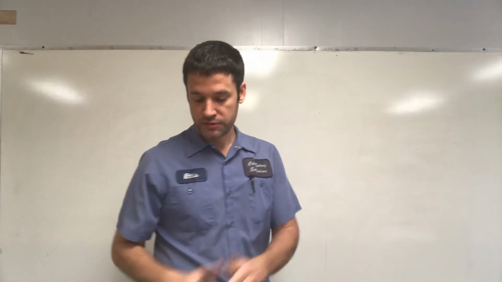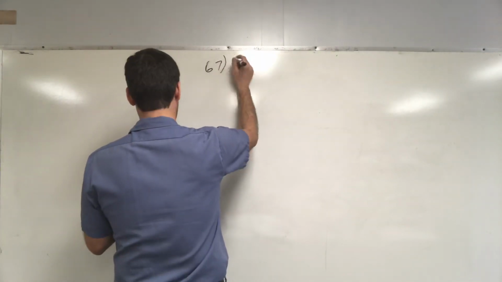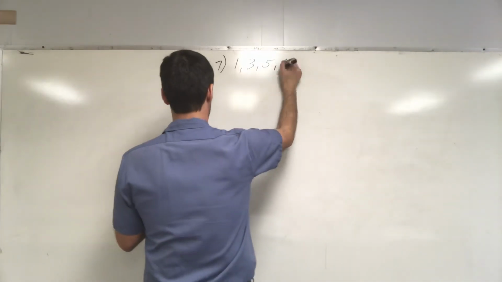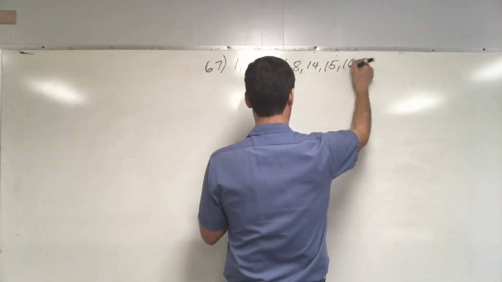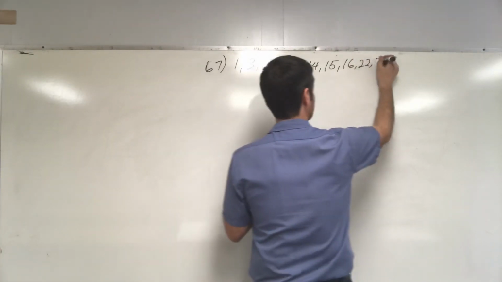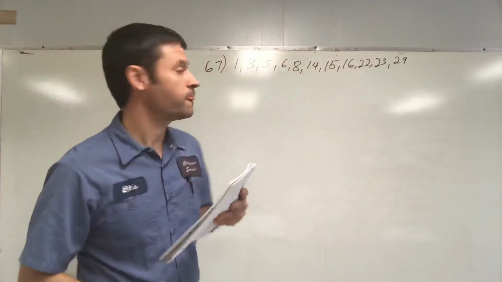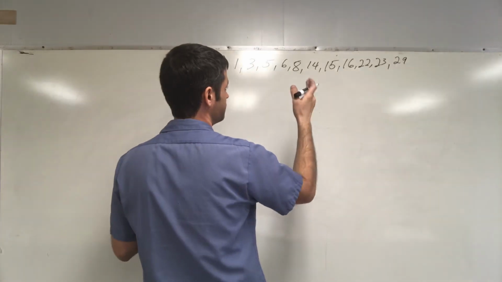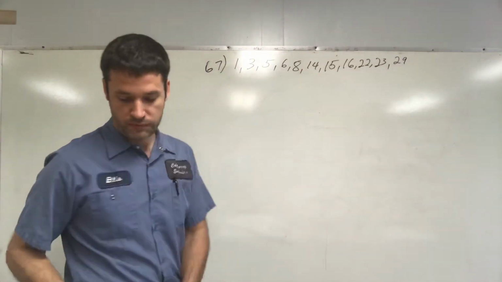Homework for lesson 67 is 1, 3, 5, 6, 8, 14, 15, 16, 22, 23, and 29. I hope you can read all those. 1, 3, 5, 6, 8, 14, 15, 16, 22, 23, 29. Thank you.